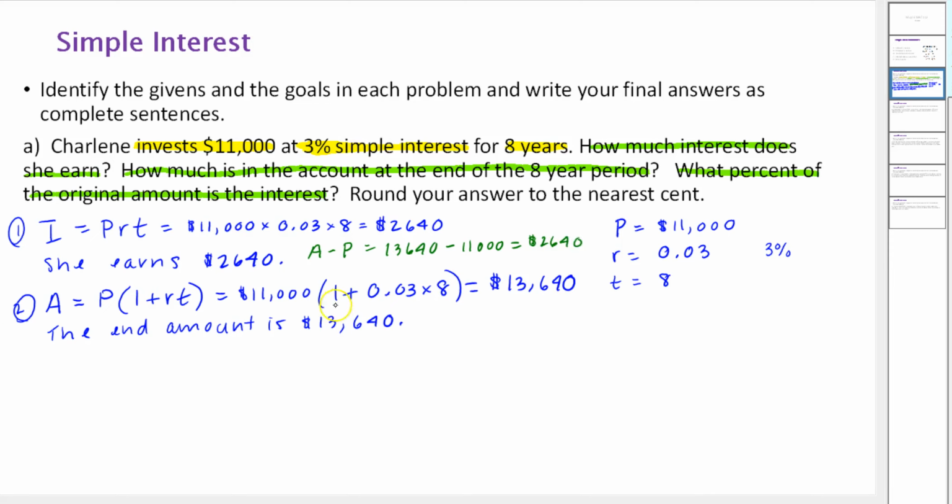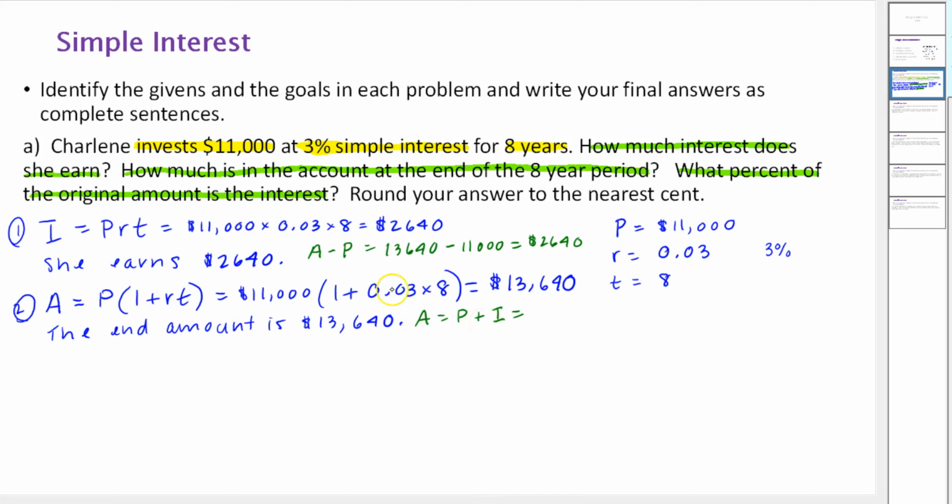Similarly, this isn't on our formula sheet, but you can use this whenever it applies. Okay, the principal plus the interest equals the end amount. So at the end, you have your principal, the amount you originally invested, you earn some interest, and your end amount is both put together.